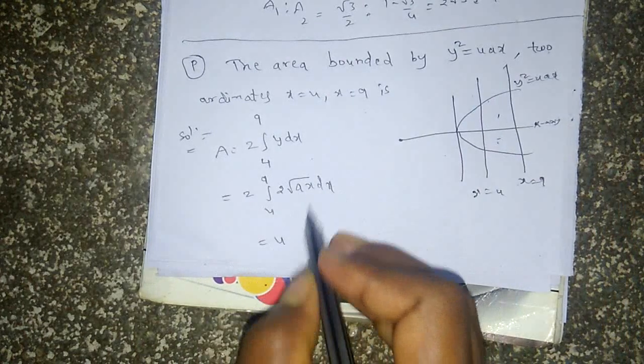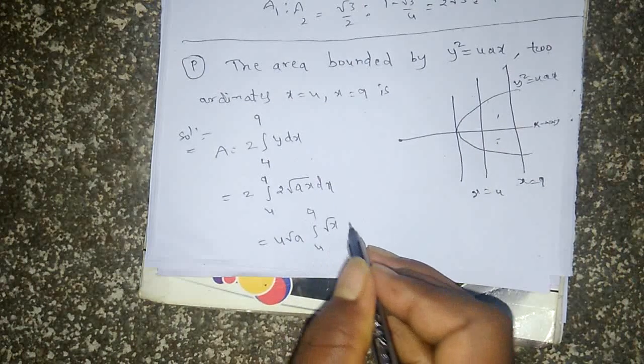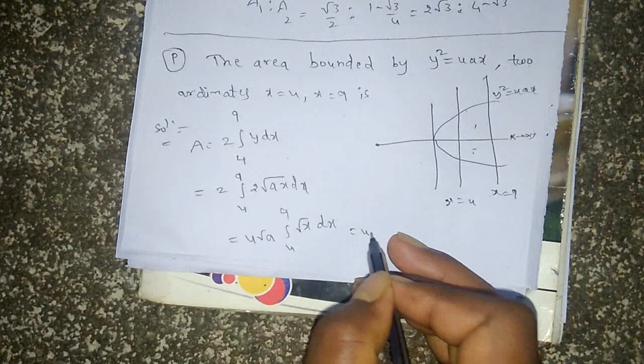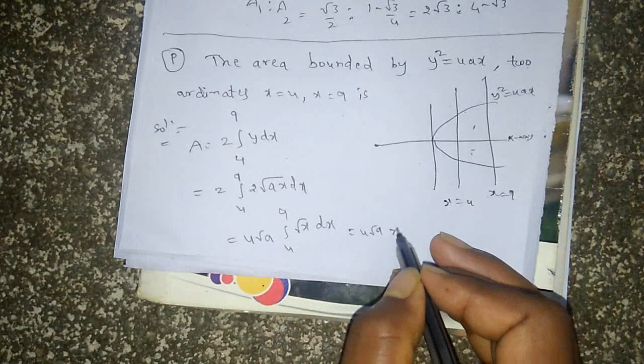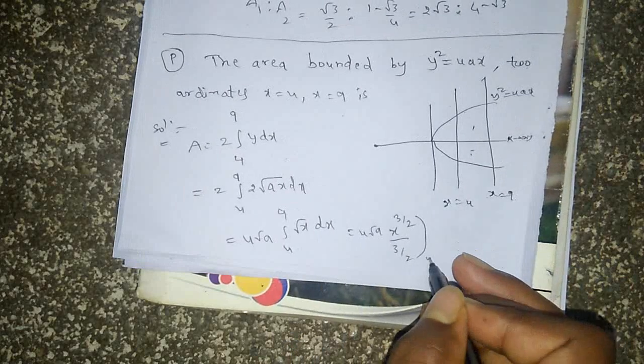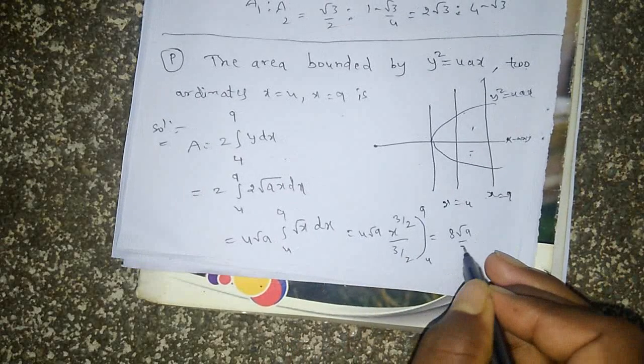That is 2 into 2 root a, integral 4 to 9 of root x dx. That is 4 root a times the integral of root x, which is x^(3/2) by 3/2, limits 4 to 9. This is 8 root a by 3.